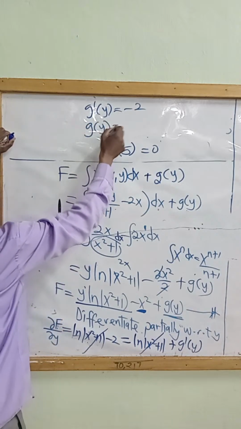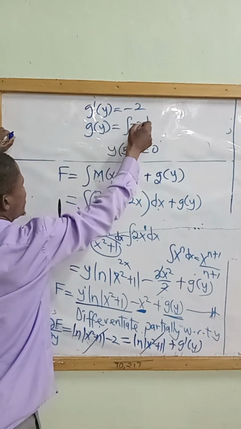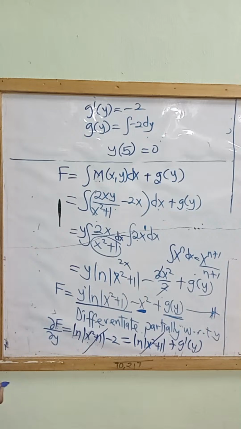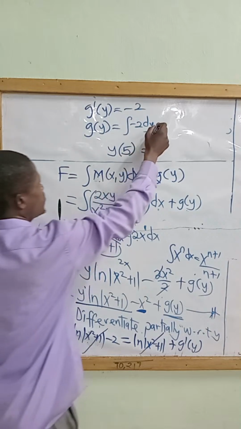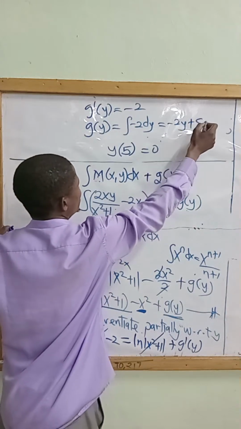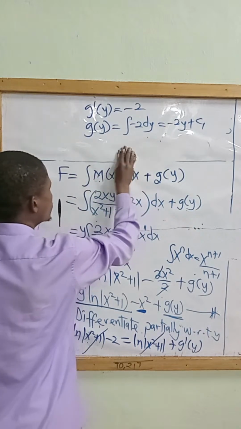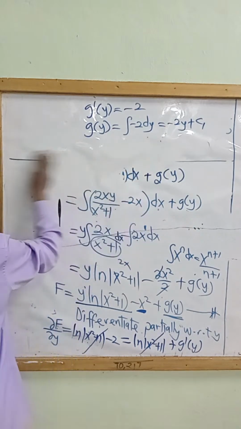We have the integral of minus 2 dy, and that will be equal to minus 2y plus c1.